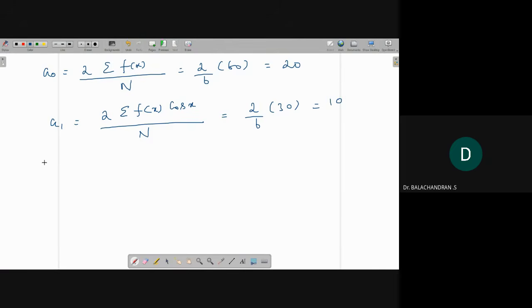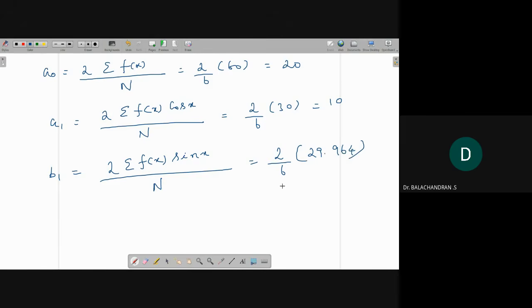And then B1. B1 is 2 sum of f of x into sin x by n. So this is equal to 2 divided by n is 6. This is 29.964.